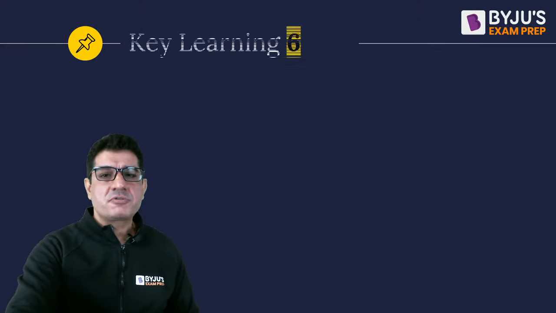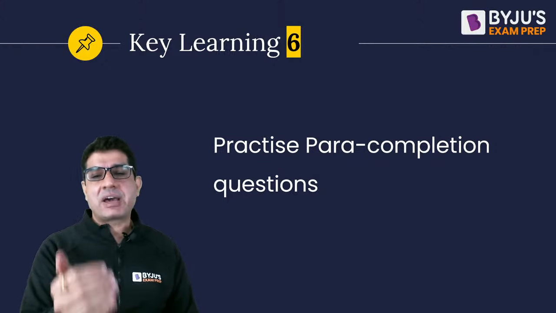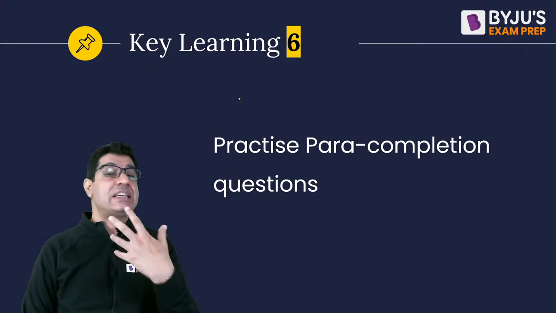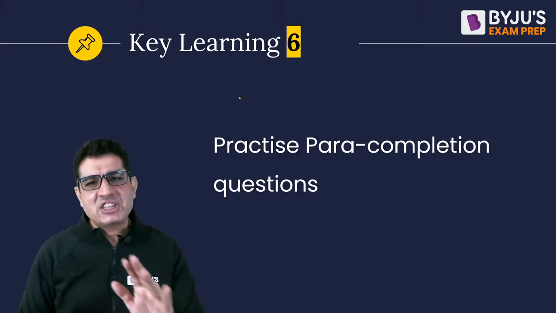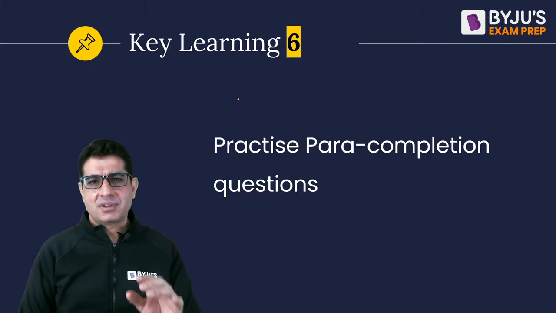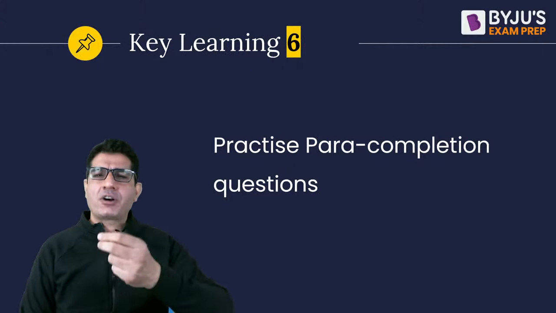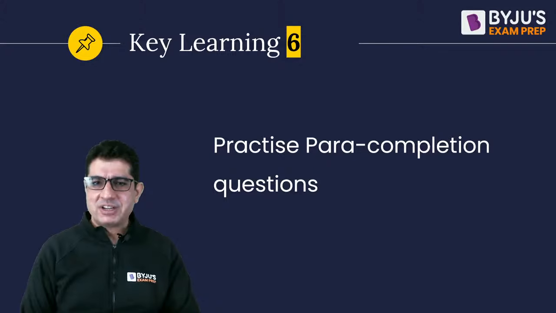So the key learning here is practice these para completion questions. In terms of concepts, in terms of the key skill set, I will say that this question does not require anything new whatsoever. So whatever you learn in para jumbles, whatever you learn through reading comprehension, grammar, all of those things are still going to be useful.